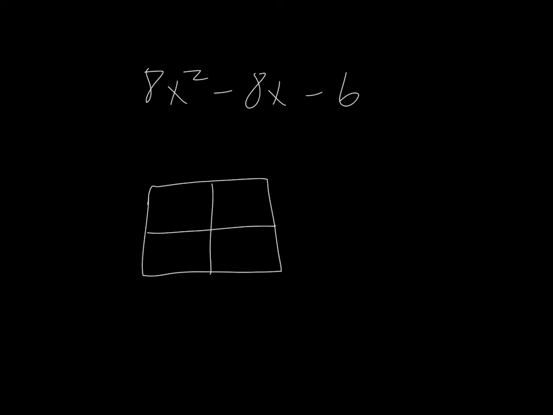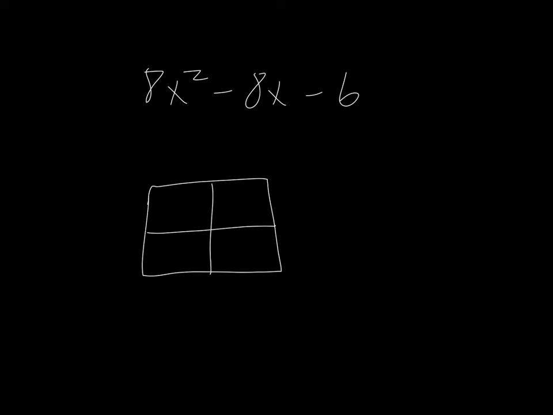If I were to try and do the box method with this particular one, then there might be a problem. Notice that 8x squared, -8x, and -6 have a common factor of 2. If that is the case, we need to first factor out any common factors that exist. Otherwise, the box method will lead us in the wrong direction.